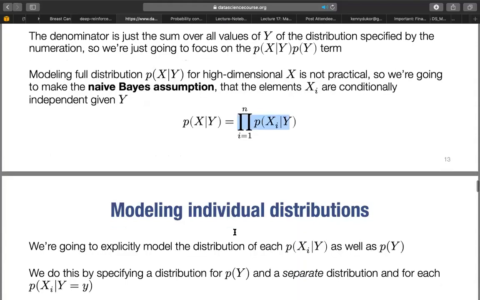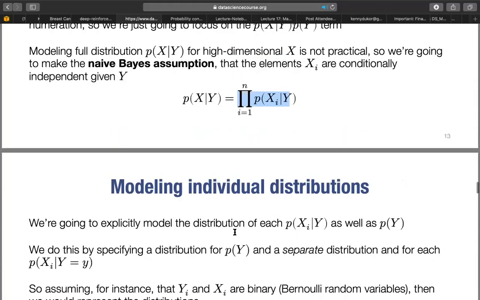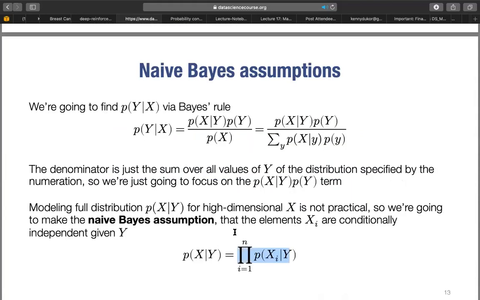And for the naive Bayes algorithm, normally what happens is that you remove this denominator. Let me use this denominator here for a particular reason.